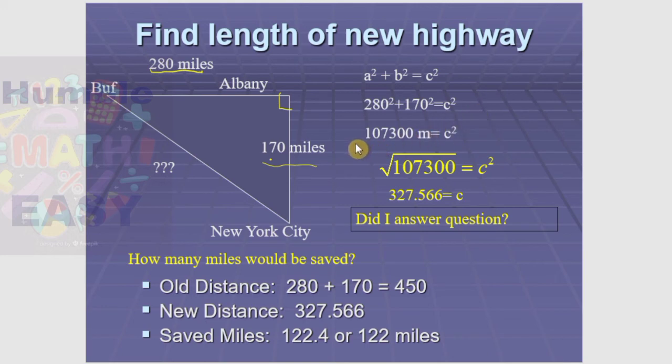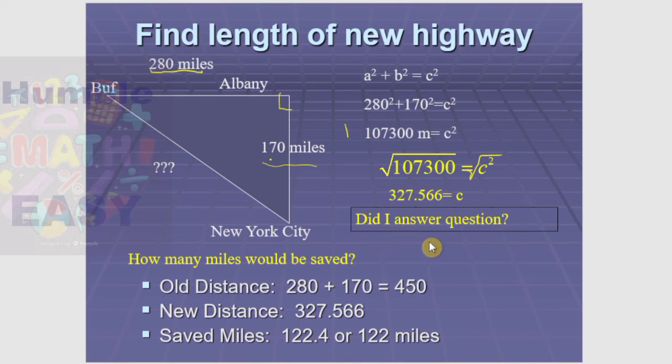The sum of 280 squared and 170 squared is 107,300 miles. Take the square root of both sides, so we now have 327.566, which is equal to c.